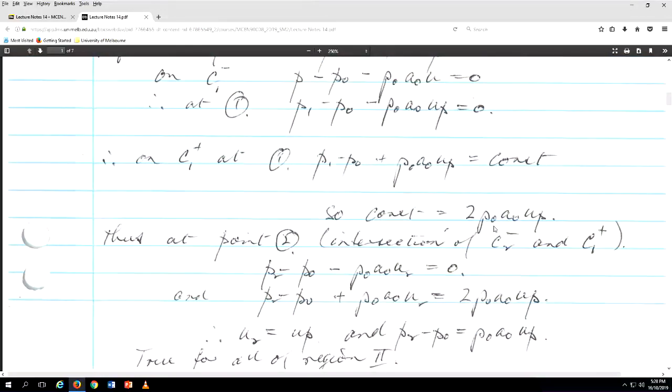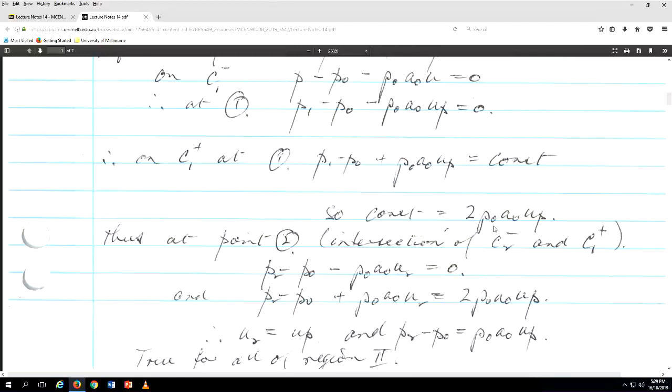At point 2, the intersection of the C2 minus and the C1 plus, the C2 minus is P2 minus P naught minus rho naught A naught U is equal to 0. So at the point 2, P2 minus P naught minus rho naught A naught U2 is equal to 0. And on the C1 plus, I'd have P minus P naught plus rho naught A naught U is the constant, 2 rho naught A naught UP.